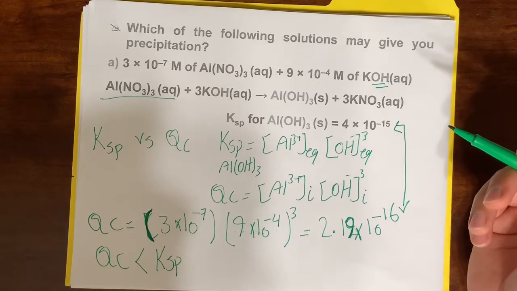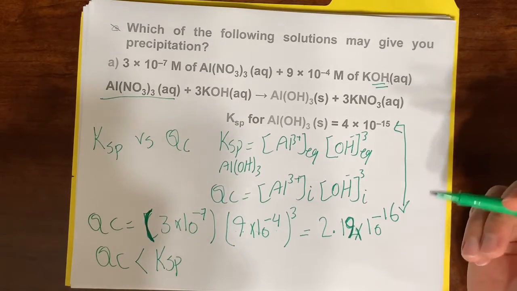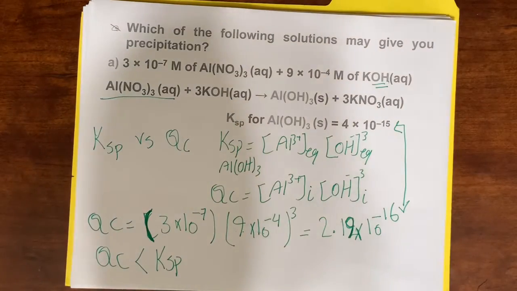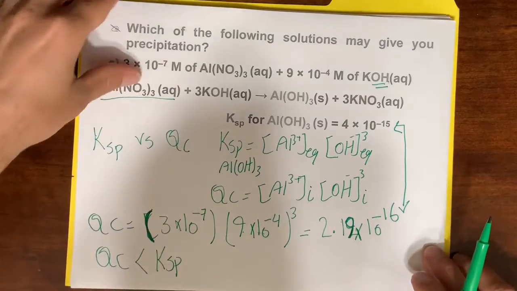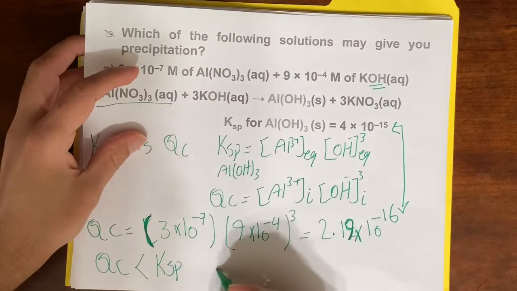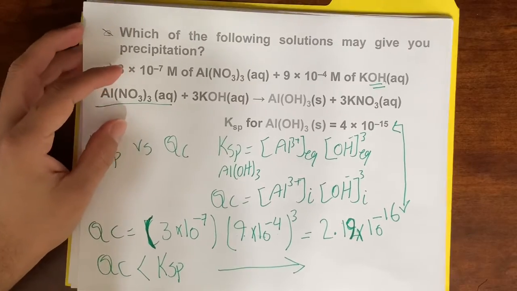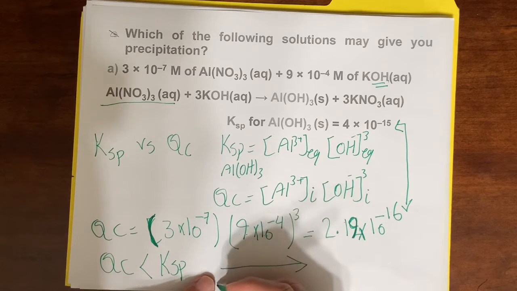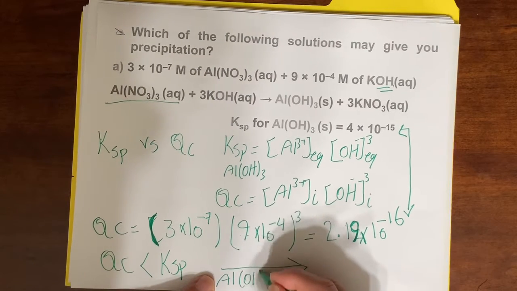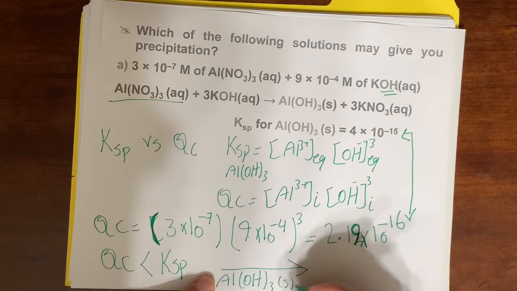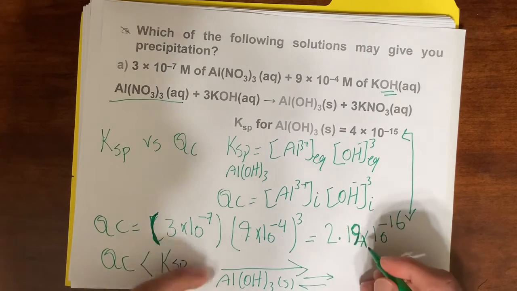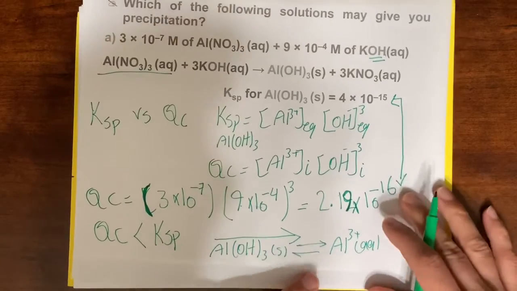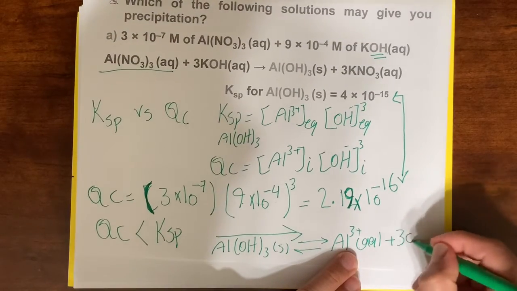We can dissolve more. So the reaction is going to move to the right side. Remember, when I say the reaction is going to move to the right side, I'm talking about this one: aluminum hydroxide solid is under equilibrium with aluminum plus 3 and hydroxide.